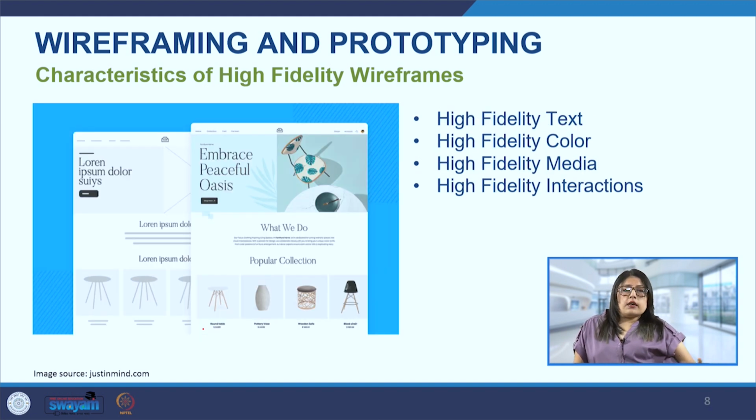And here we can see that in the high fidelity wireframe, some images have been added. Rather than lorem ipsum, which is on the left side, on the right side it has been replaced with the text embrace peaceful oasis. Instead of that square with the cross, we see an image, and below that the heading now has text we can understand, which says what we do, and there is a small paragraph of 3 lines which talks about what they do.